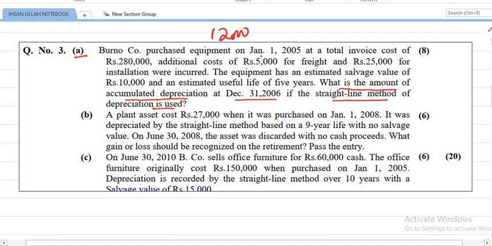A company purchased equipment on 1st Jan 2005, and the total invoice cost is 280,000. Additional costs of 5,000 for print and 25,000 for installation were incurred. The equipment has an estimated salvage value, scrap value, of 10,000. Estimated useful life is 5 years. First we will attempt this question, and after that we will do part B.